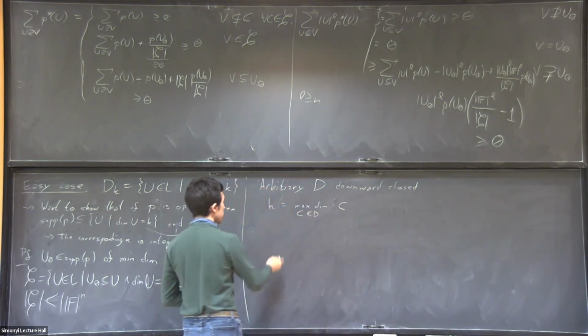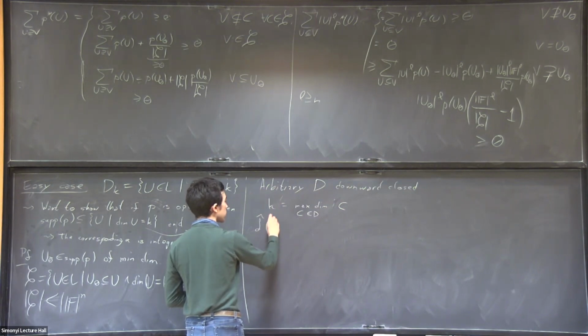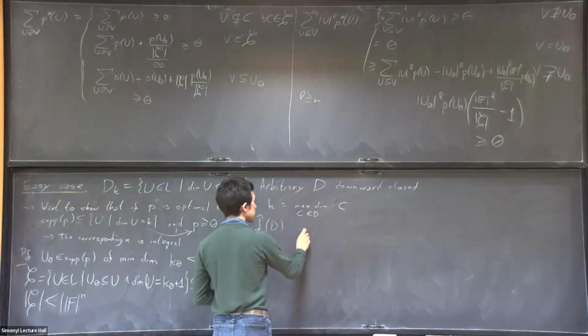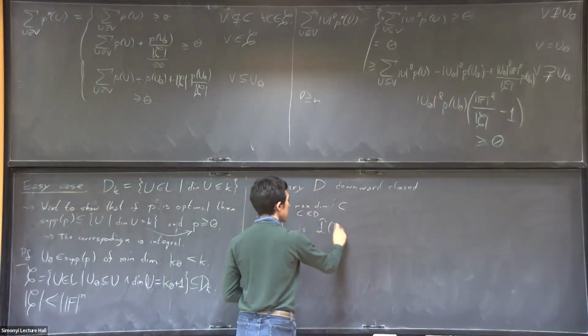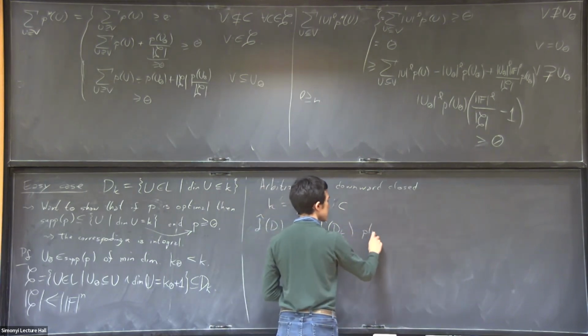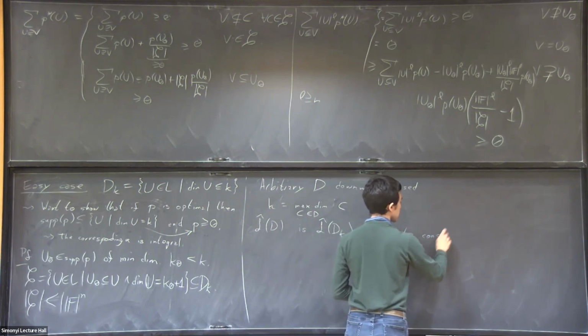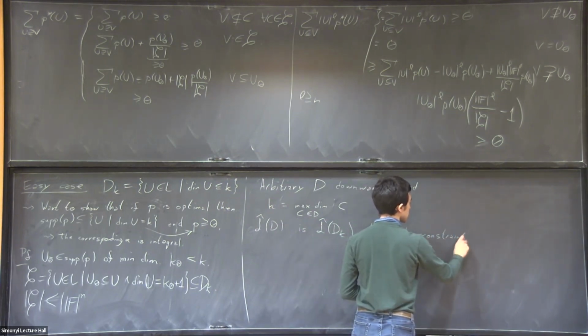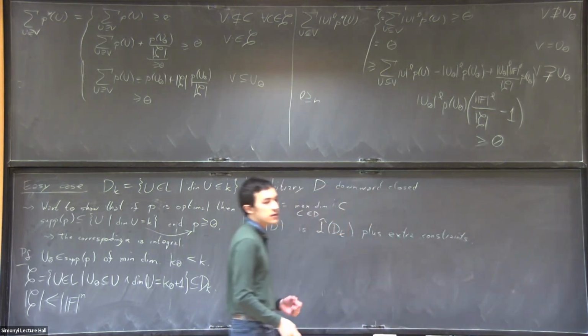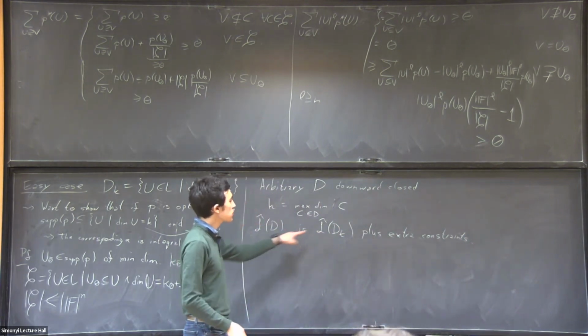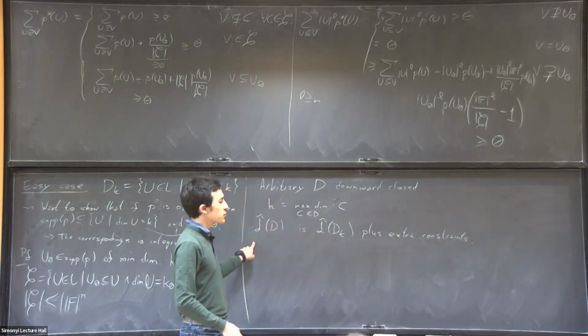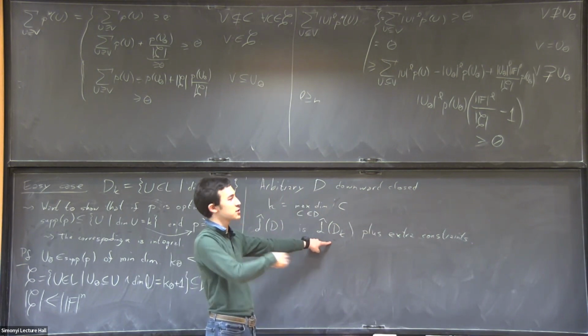And then what you're going to see is that L hat of D is L hat of D_K plus extra constraints. So this means that you just take a feasible solution of this, and it's going to be a feasible solution of this. If it's optimal here, it needs to be optimal here once you check the values.